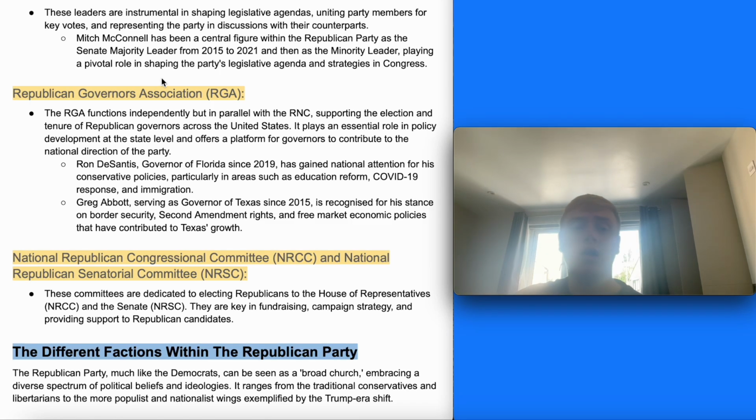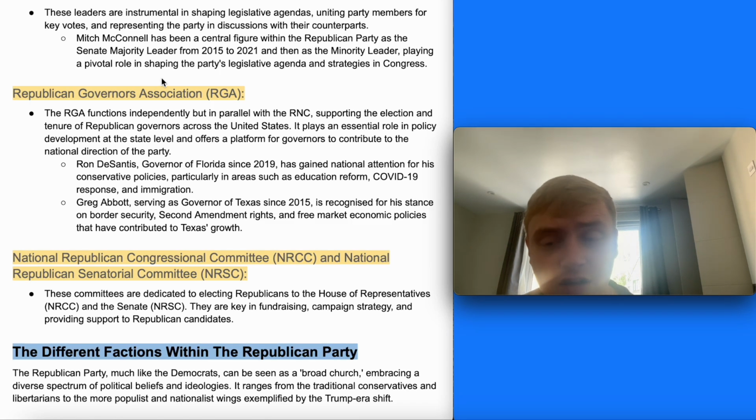The Republican Governors Association is also an important organisation, bringing together the Republican governors across the United States. There are a number of important Republican governors with significant influence. Ron DeSantis, governor of Florida, gained national attention for his conservative policies, particularly in education reform and immigration.